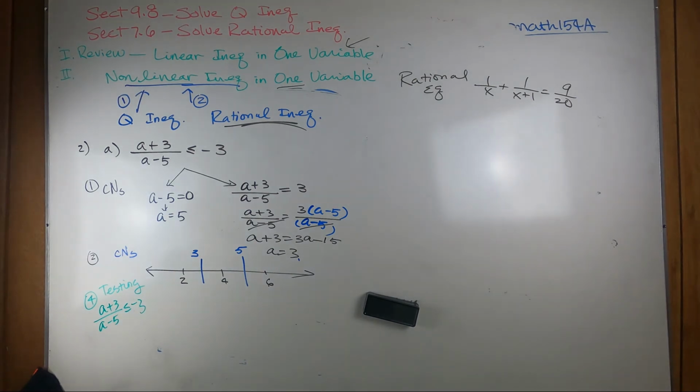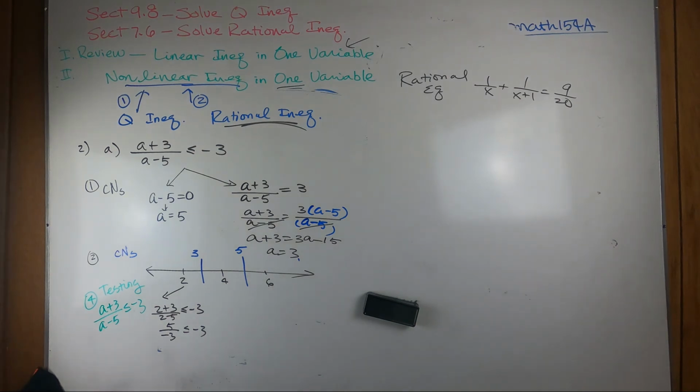Okay, so I'm going to plug in here. What do I have? 2 plus 3 over 2 minus 5 is less than -3. So it's 5 over -3 less than -3. Then you make a mistake here: you cannot decide which one is bigger, which one is smaller.